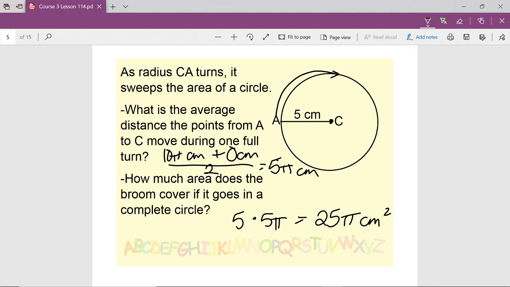Notice that if I were to just do the regular formula for an area of a circle, I would be doing pi r squared, which in this case is pi times 5 squared. So we do get the same area, 25 pi centimeters squared, proving that our formula that we had before, which is that average that the broom moves times the width of the broom, does actually give us the correct area.